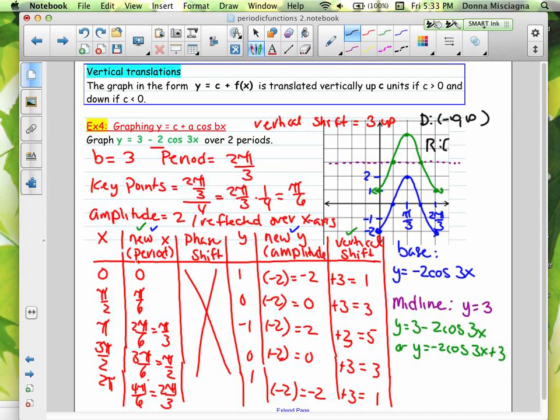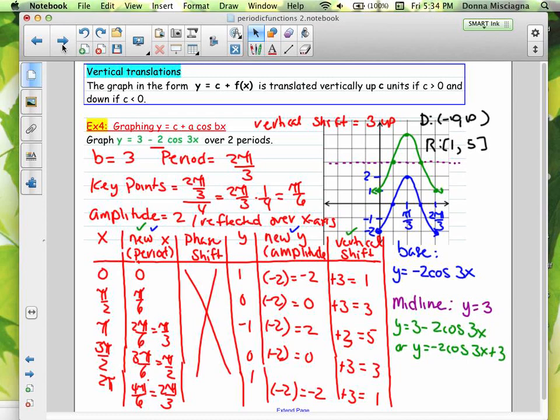That is a minimum value there. Originally the minimum was -1, then with the amplitude change it was -2, and then with the vertical shift it's now 1, because it moved up 3. So my range is 1 to 5. There we go. Vertical shifts are going to change your range. All right, so I hope you're good. Hopefully this one was okay.